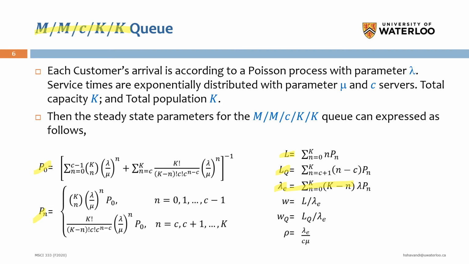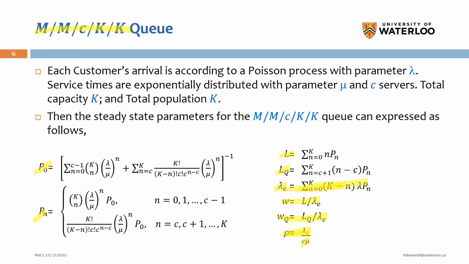You see how it can be calculated. W is L divided by lambda E, not lambda, WQ is LQ divided by lambda E, and rho is not lambda over C mu, it's lambda E over C mu.